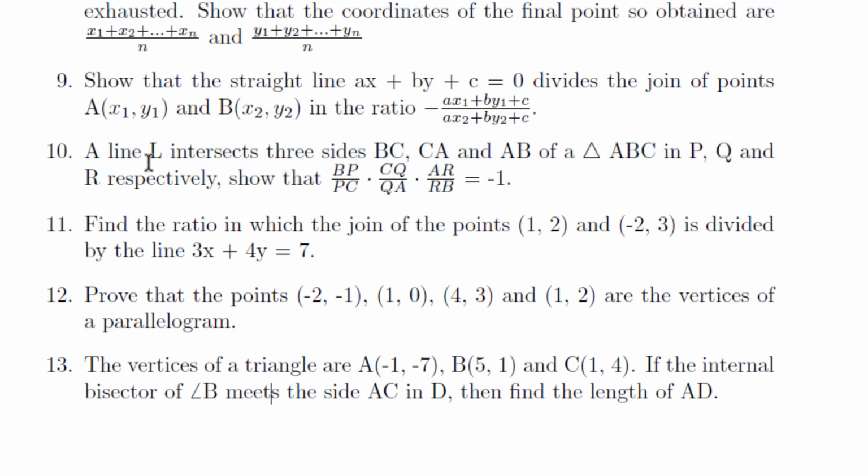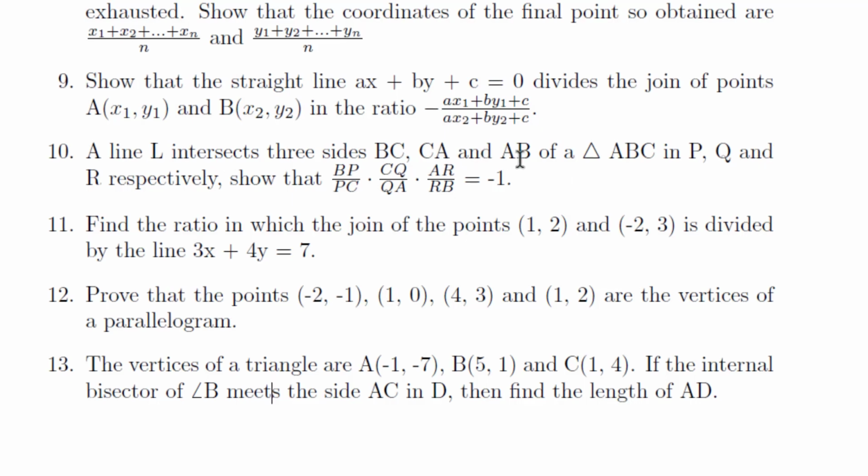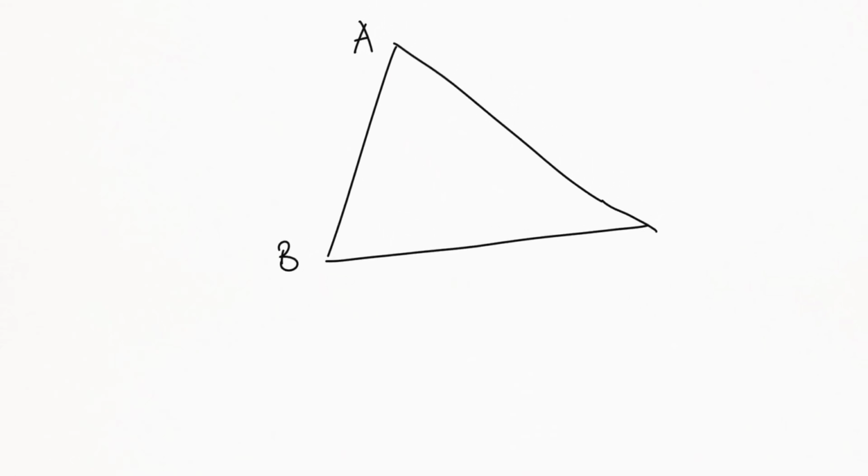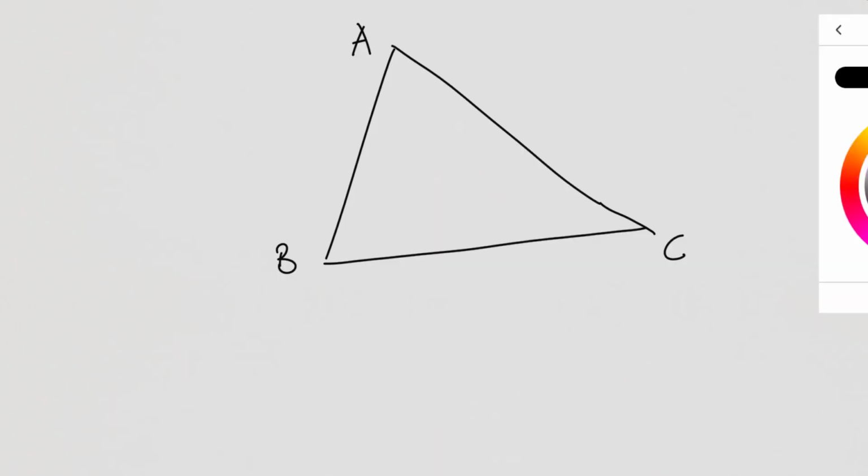What it says: a line L intersects three sides BC, CA and AB of triangle ABC. So let's create one triangle, A, B, C, and take any line.